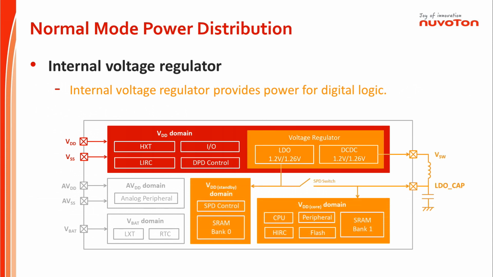The output voltage level can be selected as 1.2V or 1.26V. The internal voltage regulator supplies power to other digital logic including SPD control, CPU, HIRC, peripherals, flash, SRAM, and so on.